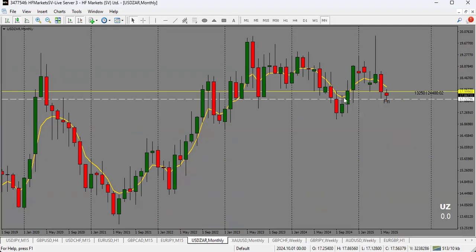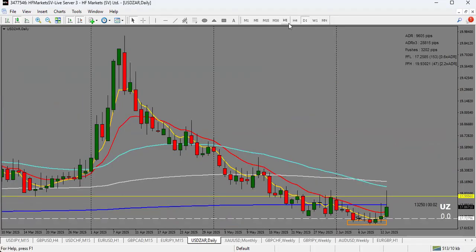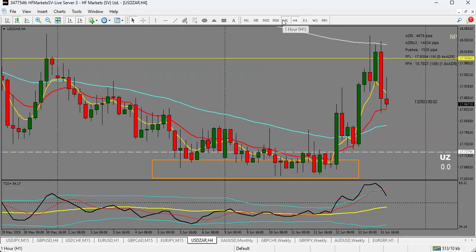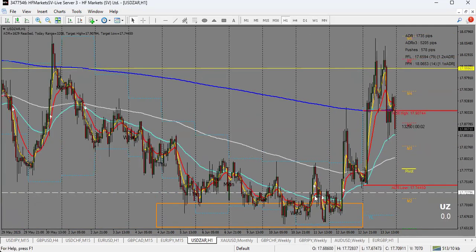We are at an order block here based on the monthly time frame. So we are having all these criteria that suggest that the market structure is now bullish, and we had just started movement on the hour time frame. So you should be looking to buy USD ZAR for the coming week.